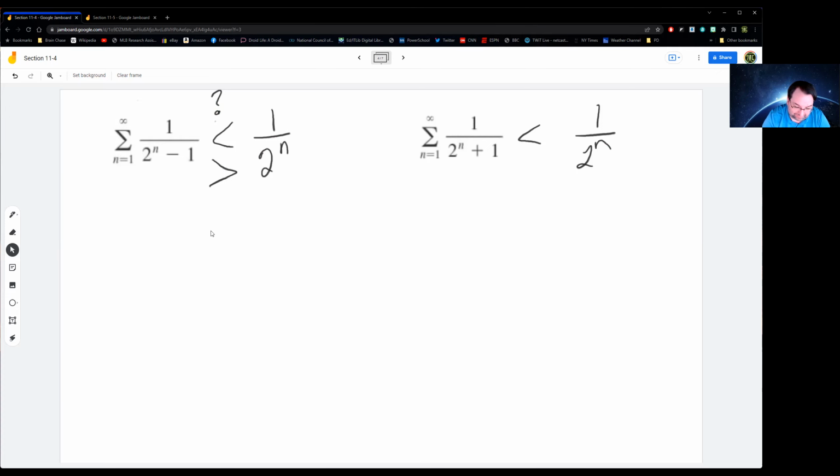So this right here, we know converges. However, for it to converge, AN has to be less than BN. So based on our comparison test, I can't use the comparison test for this function because it converges and it's the wrong direction.